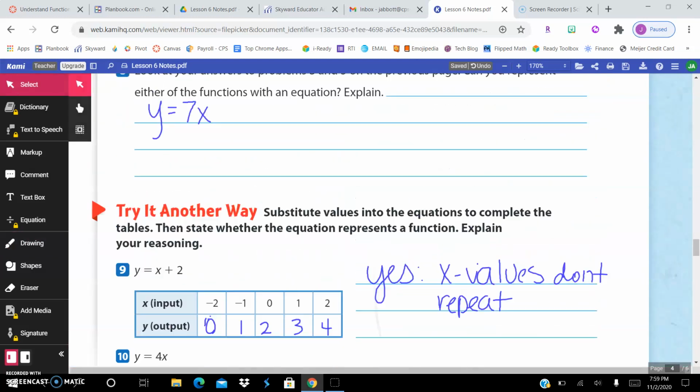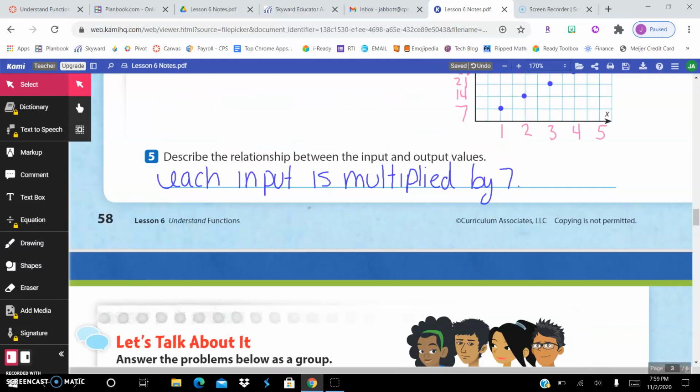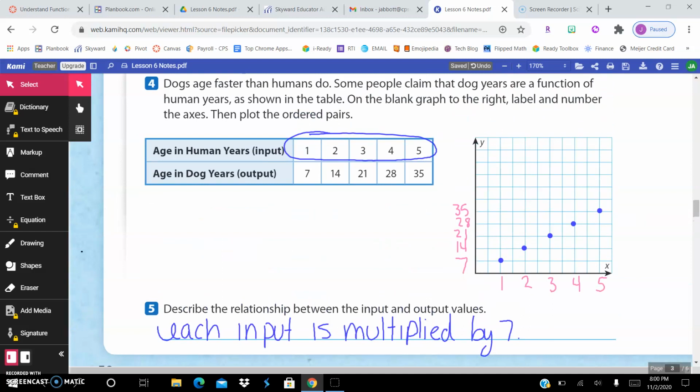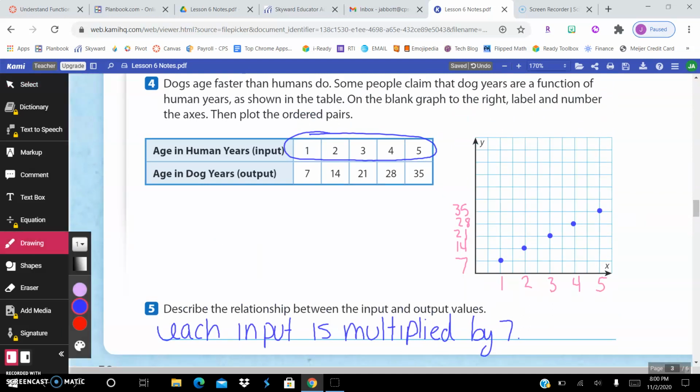Okay, I want to talk about one more thing up here. If you're given a graph and asked to find out if it's a function or not, you can do what's called the vertical line test. And that is simply, if we connect these dots, we're going to draw a vertical line through this graph. No matter where I draw that vertical line, I'm only going to cross that graph at one spot.